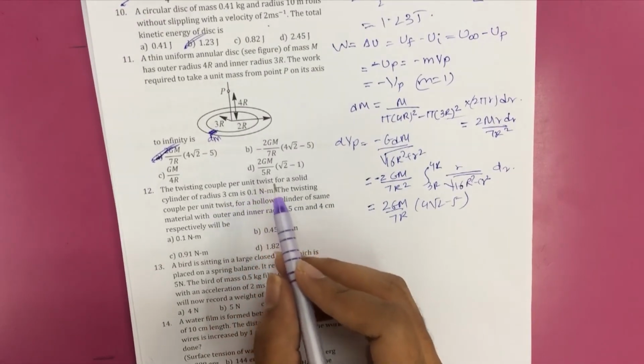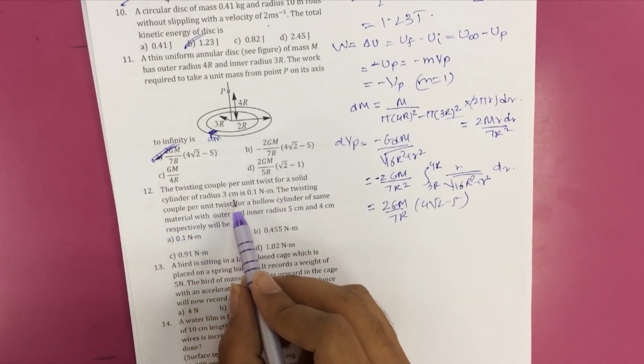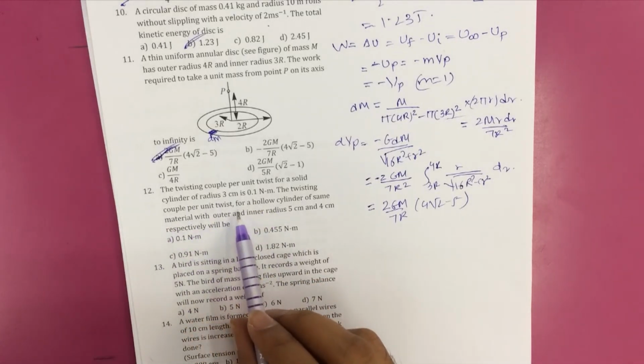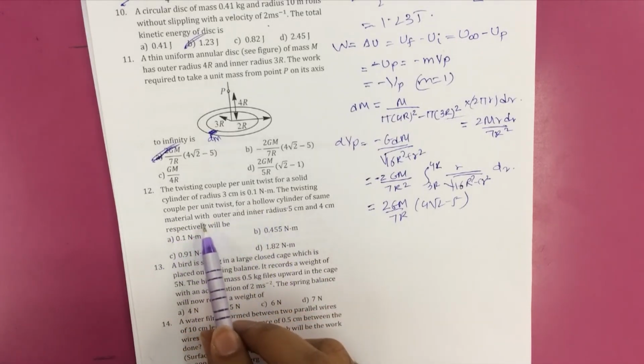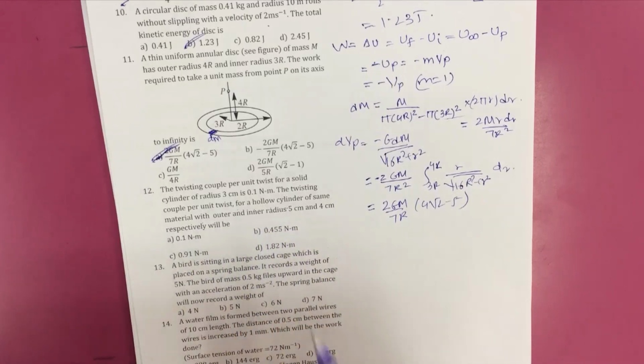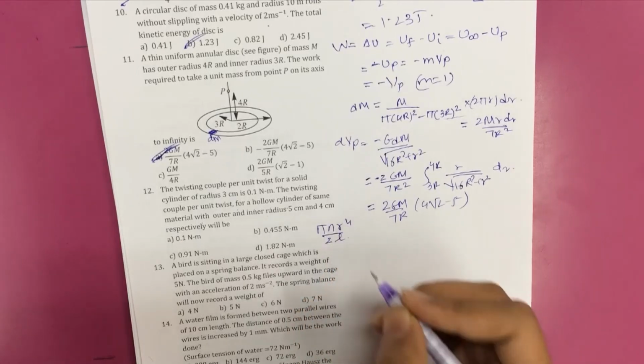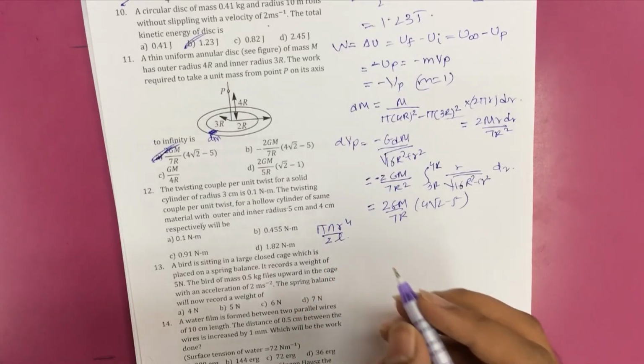Question 12. The twisting couple per unit twist for a solid cylinder of radius 3 cm is 0.1 Newton meter. The twisting couple per unit twist for a hollow cylinder of same material with outer and inner radius 5 cm and 4 cm respectively will be. Twisting couple per unit twist for solid cylinder and for the hollow cylinder is pi eta r raised to 4 divided by 2l.